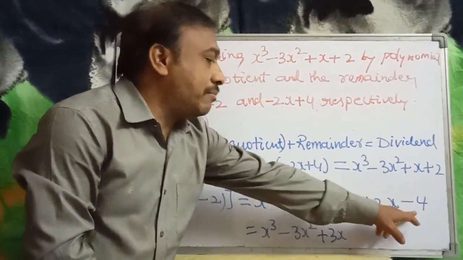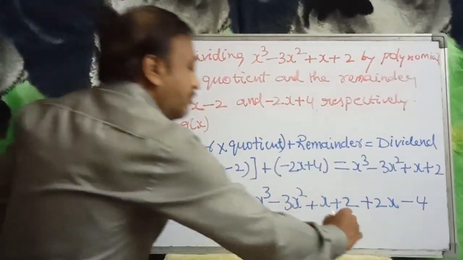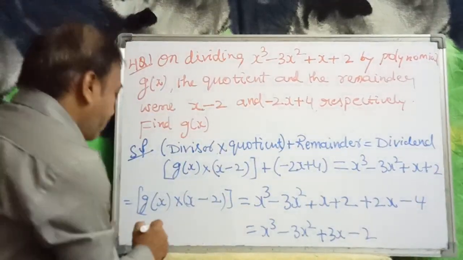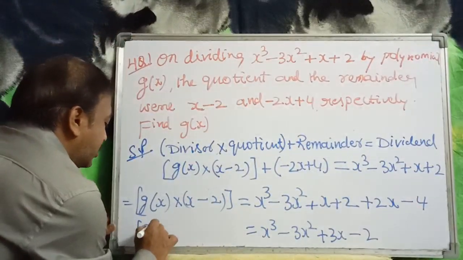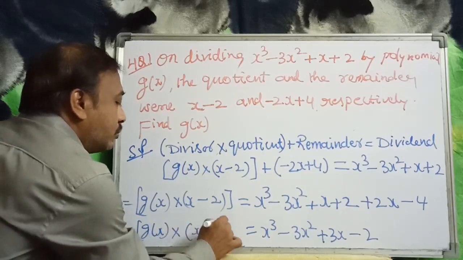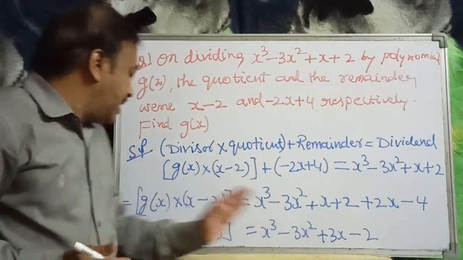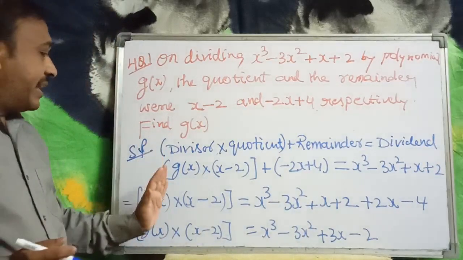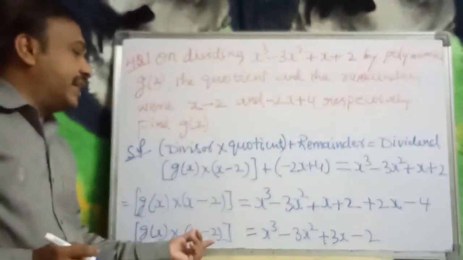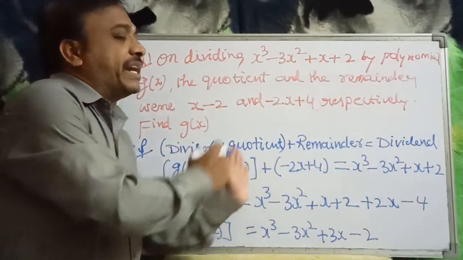Plus 2 minus 4 will give you minus 2. Now g of x, the divisor, into the quotient is equal to this value, after we subtracted the remainder.